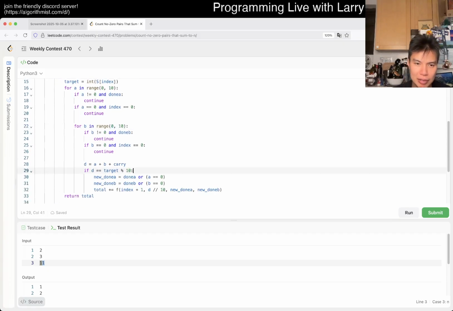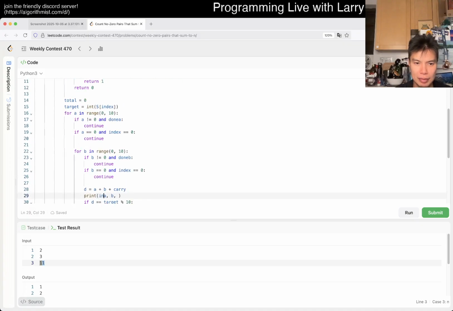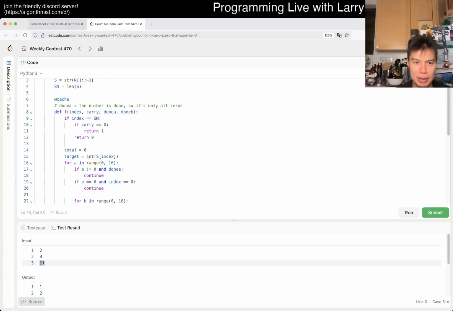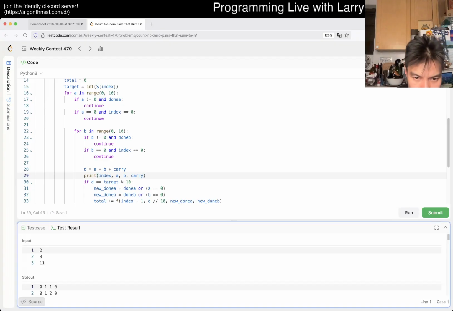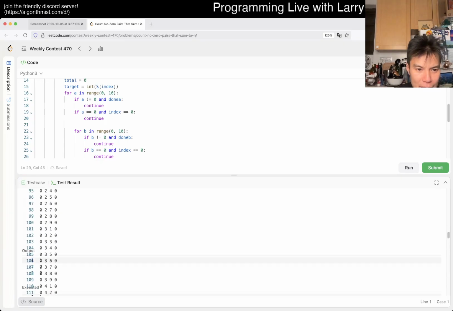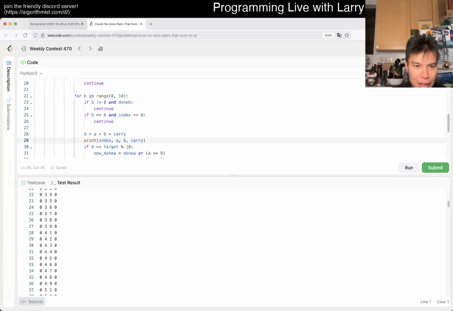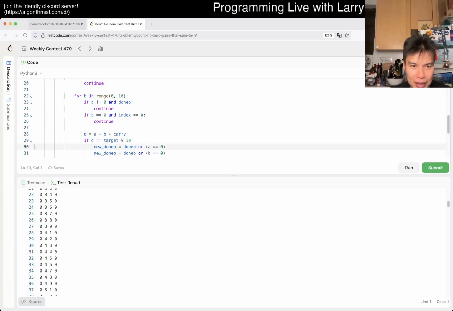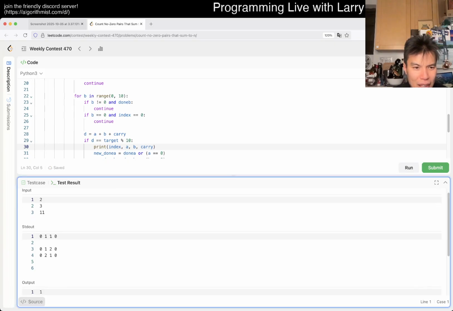So okay, let's see if there is a case where A and B is equal to 0. Index, and a carry. I guess might as well. I don't know what it's printing, but okay, that's what I mean, because I don't need to print that much stuff.